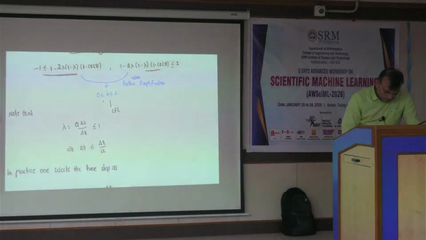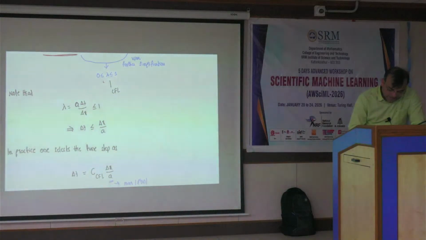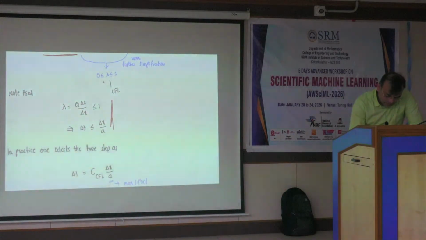Here the one note is that in general, for practical problems we won't talk about it this way. We discussed lambda equals a delta t by delta x is bounded by 1, and similarly, once you calculate delta x and given a, you can compute what the delta t step is.